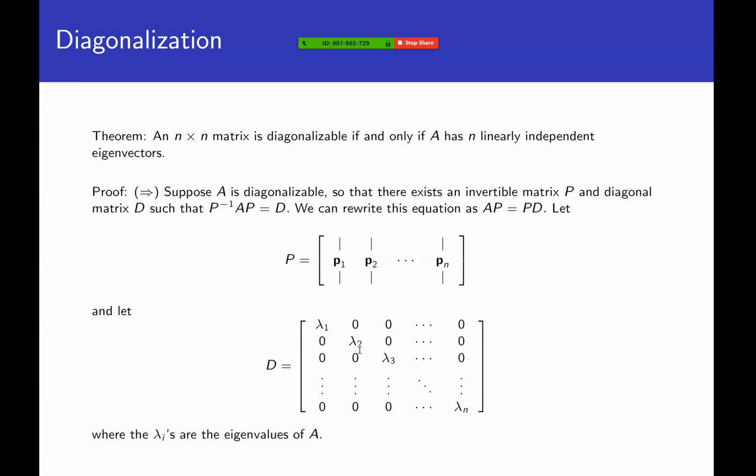So if you have an n by n matrix A, you get a polynomial of degree n, and you know that a polynomial of degree n has exactly n roots if you allow complex numbers and account for multiplicities.